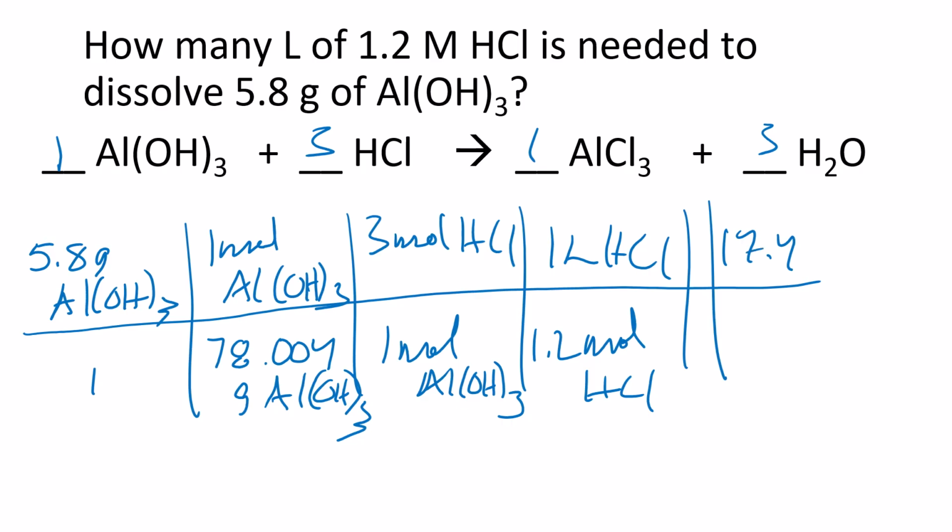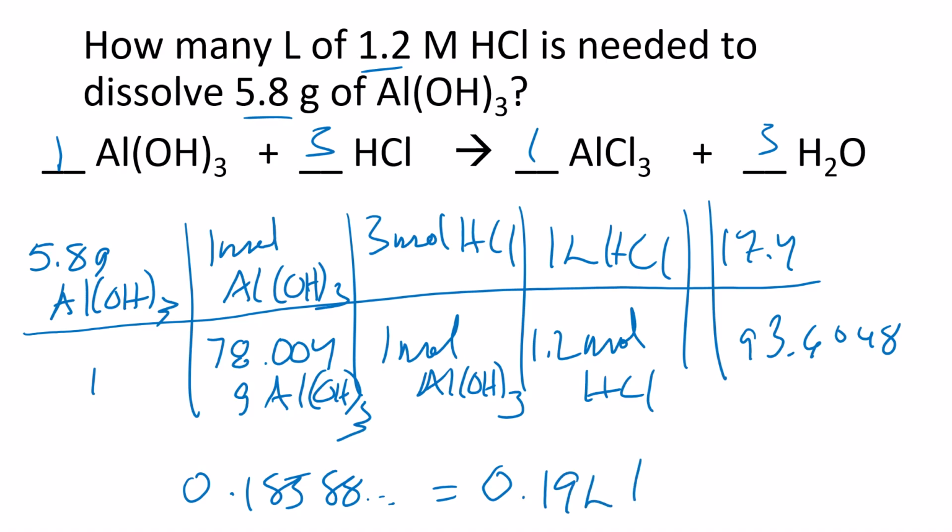Let's see, 93.6048. It's going to be 0.18588, 2 sig figs, 0.19 liters of HCl.